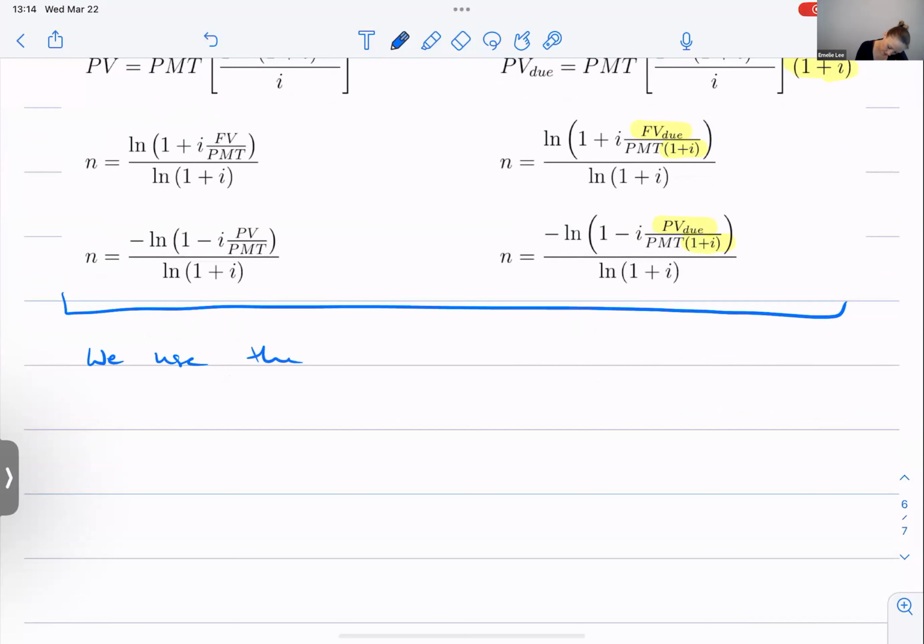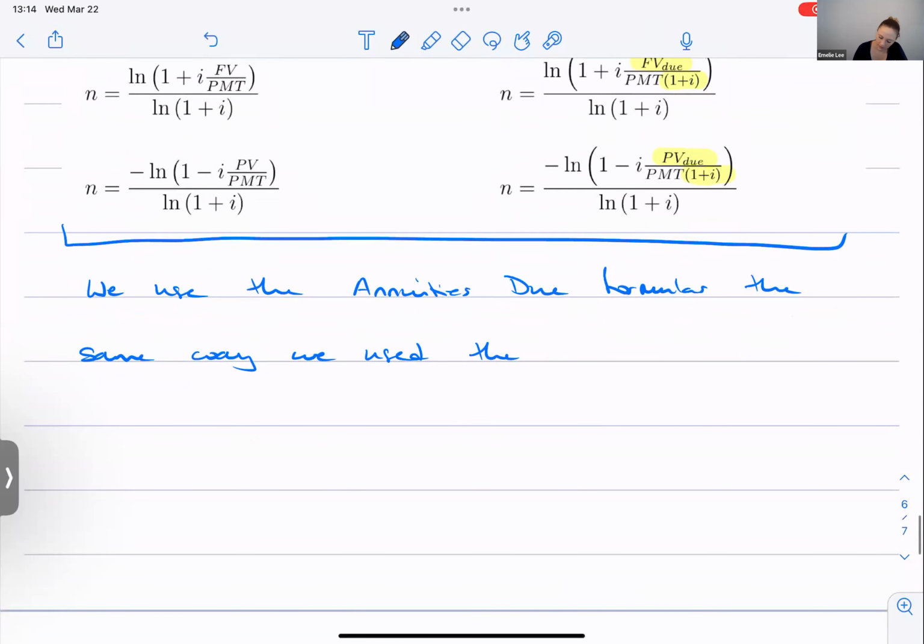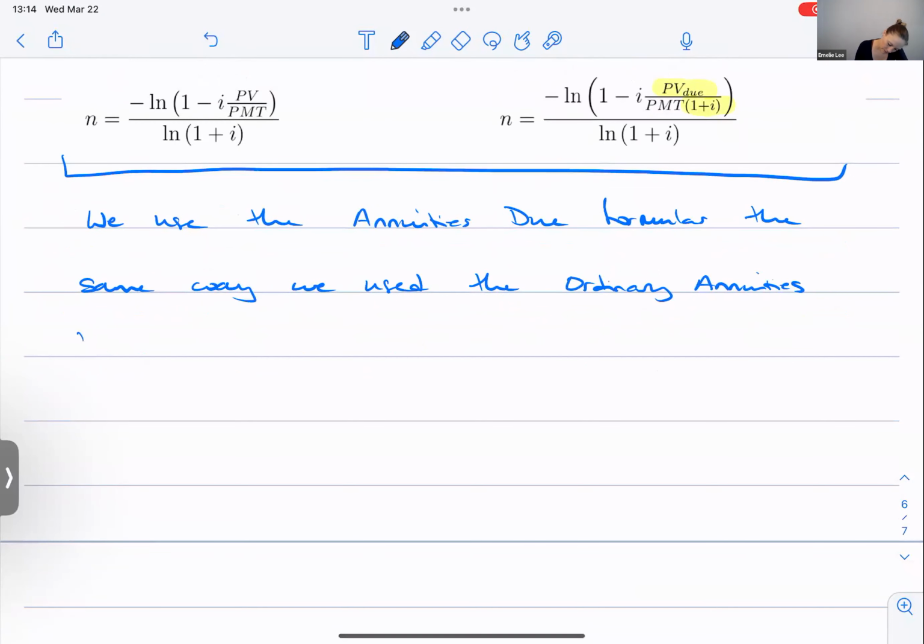We use the annuities due formulas the same way we used the ordinary annuities formula. Same way, the only change is that 1 plus i.